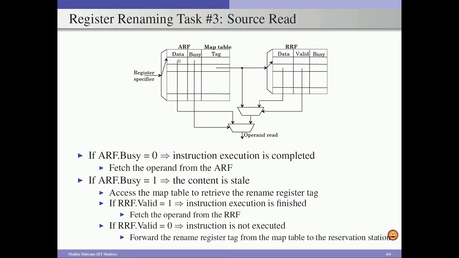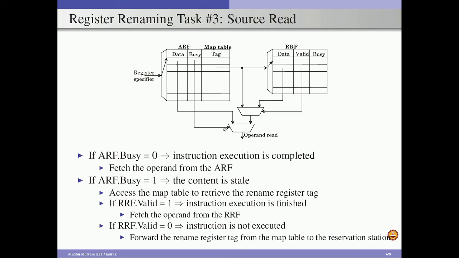Whatever data we access from the data field of the selected entry in the ARF will be given as an input to this multiplexer, and we give the busy bit we access from the selected entry as a select line for this multiplexer.